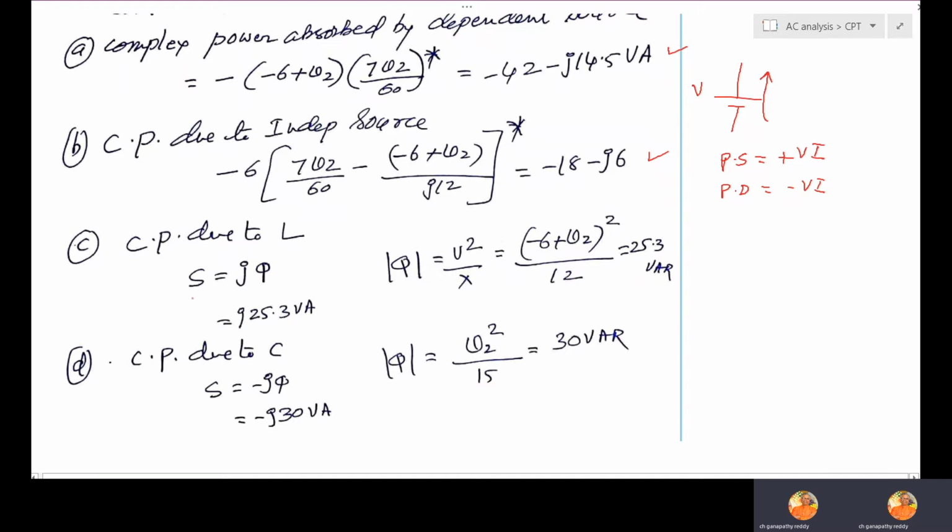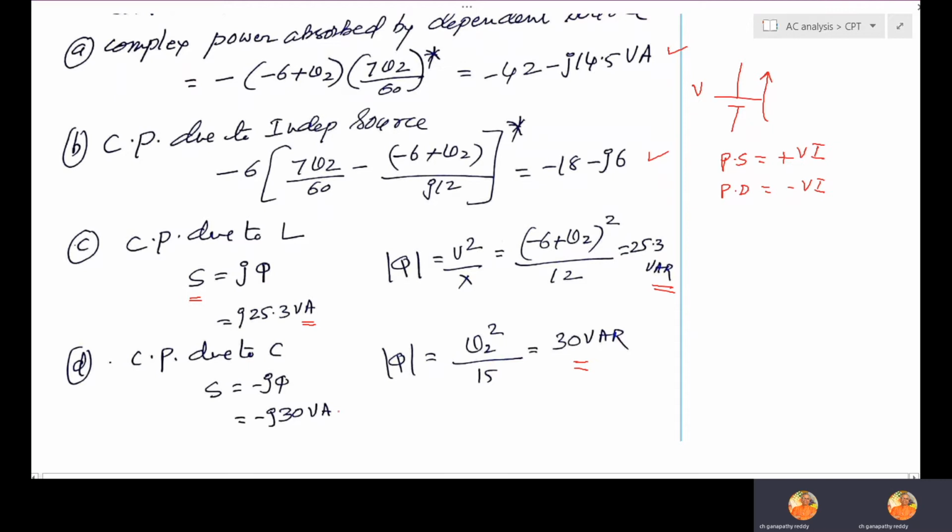When I am talking about units of S, we should write volt ampere. When I am giving units of Q, I have to give volt ampere reactive. That is important. Then complex power due to the capacitor is equal to minus JQ. Q magnitude is V2 square by 15, and simplifying, you will get 30.